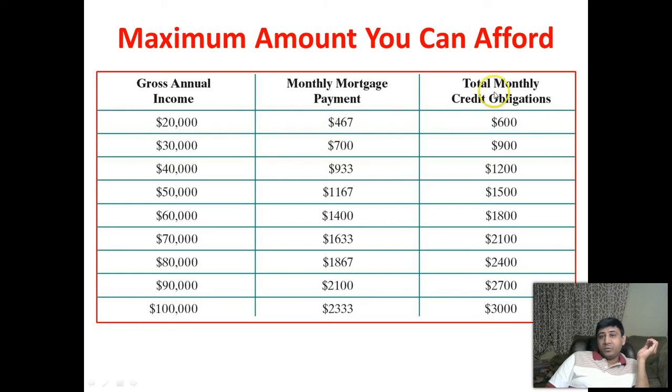Your total monthly credit obligations, in addition to this one, cannot go beyond $600, if you are money wise. And if your annual income is $100,000, then you can buy a house on which your mortgage comes out to be $2,333, and your total monthly credit obligations cannot go beyond $3,000. This is based upon 28% of this and 36% of this.